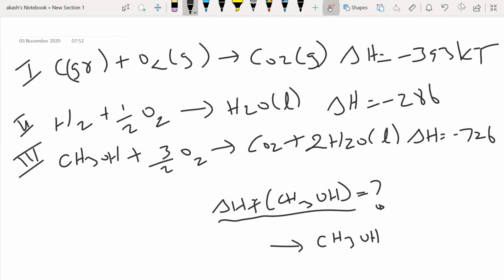So I have carbon in the form of graphite plus 2H2, because there are 4 hydrogens, plus 1/2 O2. Very simple, right? This is what is meant by enthalpy of formation of CH3OH. So for this reaction, I have to find the enthalpy.